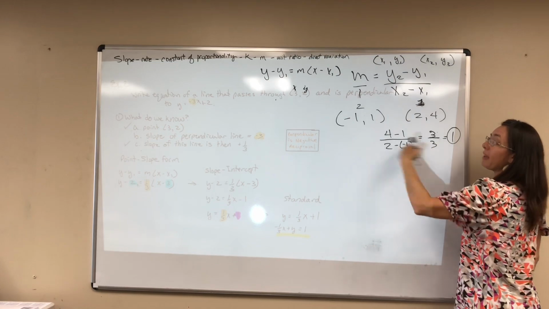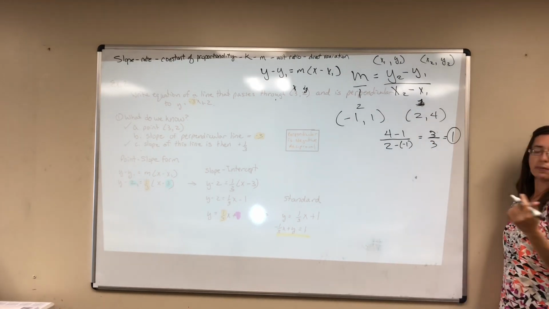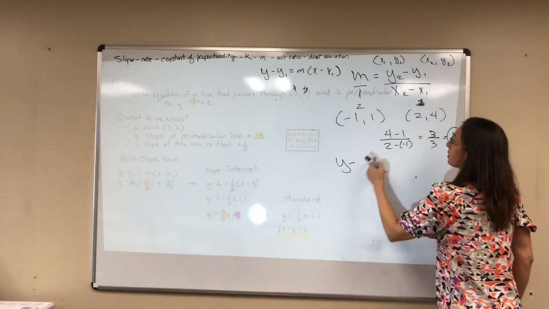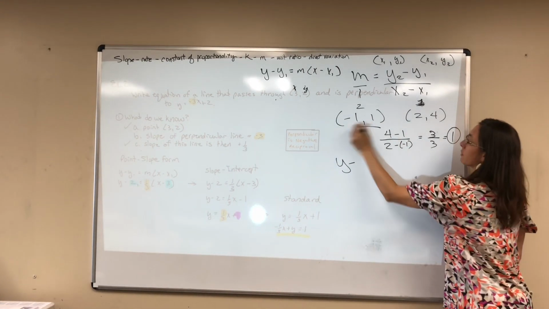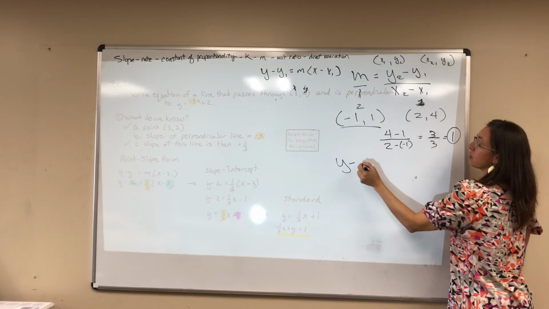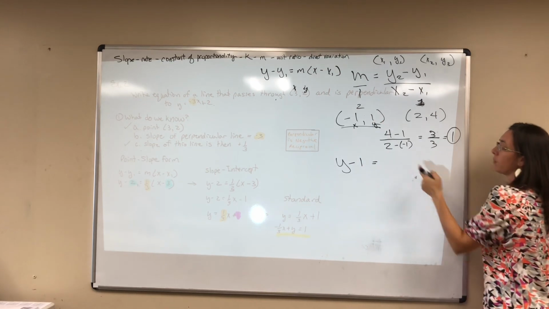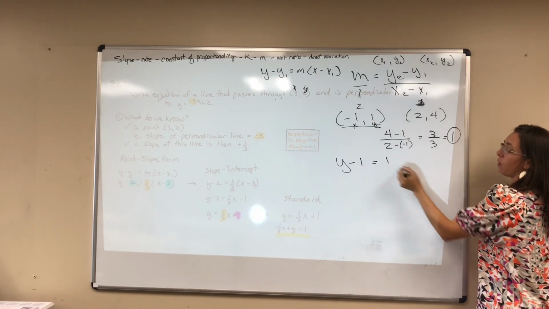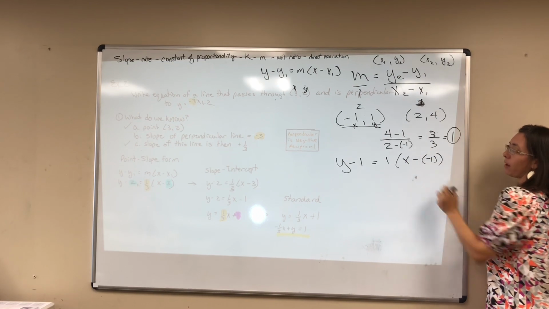So now we can pick. When you are given 2 points, just pick one. So we're going to use y minus, which coordinate do you want to pick? This one? Right. So y minus 1, there's our y value, equals our slope, 1, times x minus negative 1.